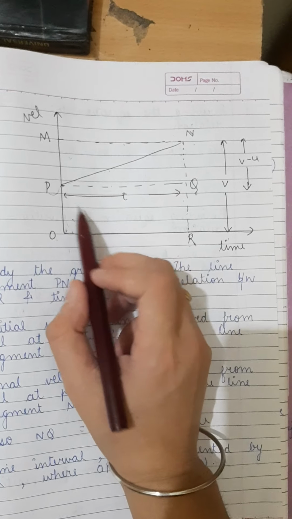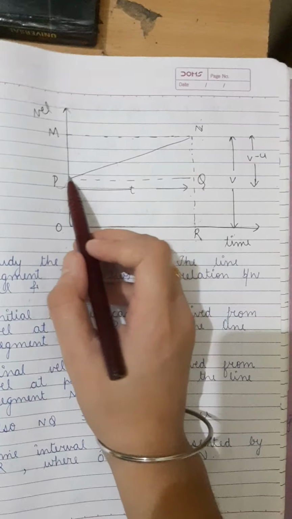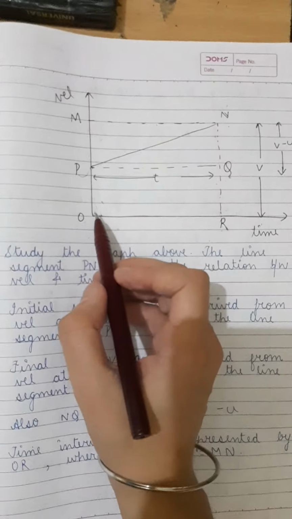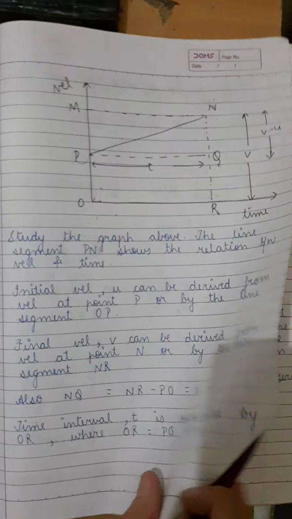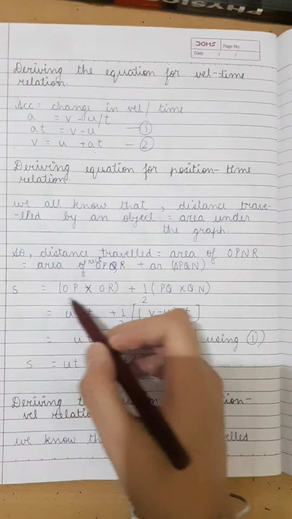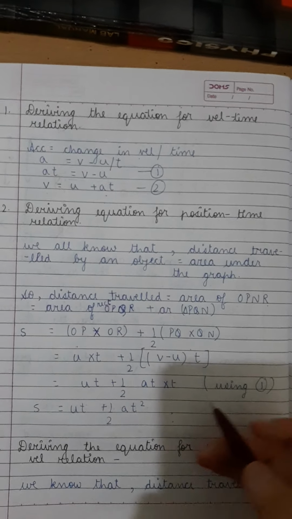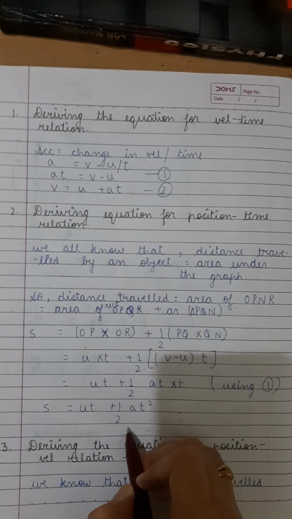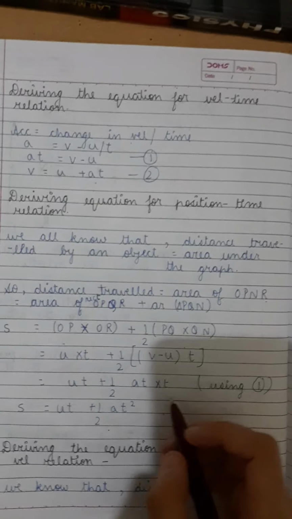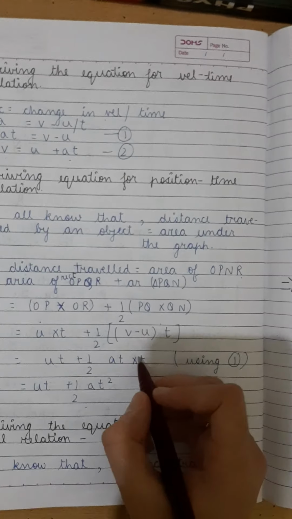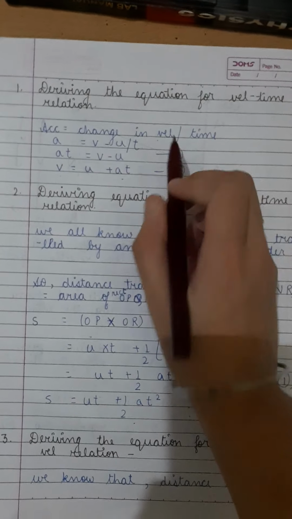You can add the areas of the rectangle PORQ and the triangle PNQ. The area of the rectangle will be given by length into breadth, and the area of the triangle will be given by half base into height. So I have just substituted the values. You can check the calculation I have sent in the notes also, and you will end up with the second equation of motion. Also, note one point here: I have substituted the value of v minus u from equation 1.